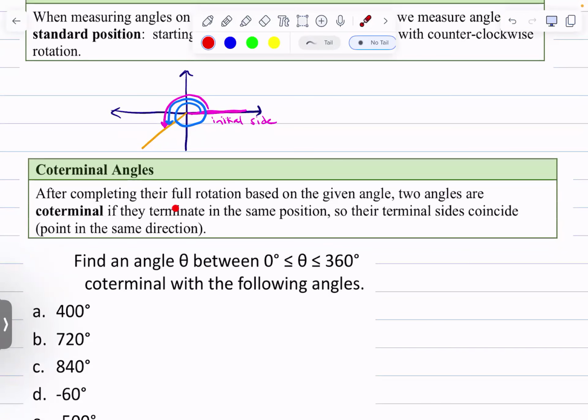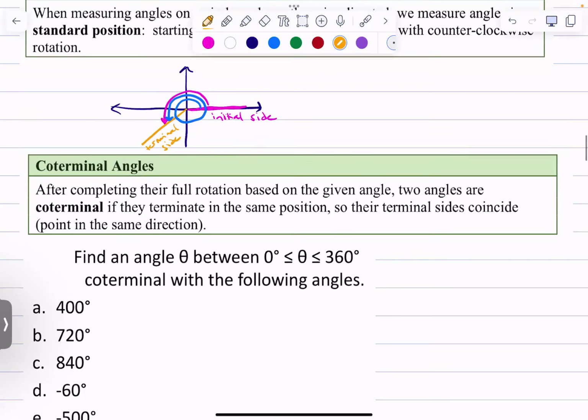After completing their full rotation based on the given angle, two angles are coterminal if they terminate in the same position. Here, this is the terminal side. If they end in the same spot, then they are coterminal angles, and they would have similar properties.